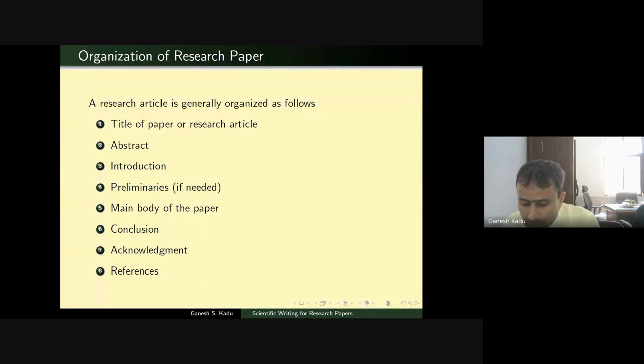To be very brief about some of these points: the title of the paper is an important component. It should convey the problem that you worked towards.